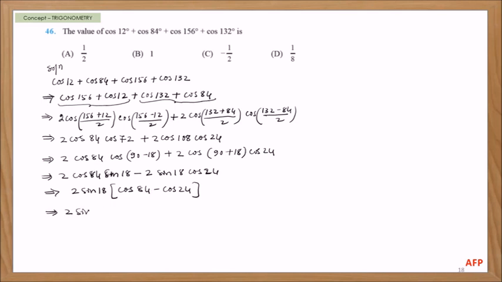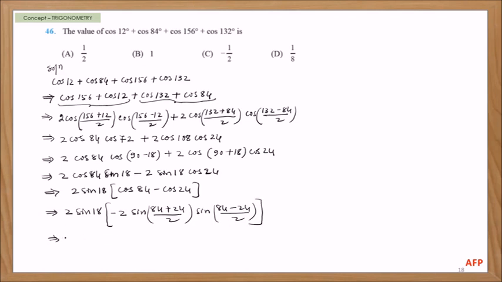2 times sin 18 minus 2 sin((A plus B) divided by 2) sin((A minus B) divided by 2).